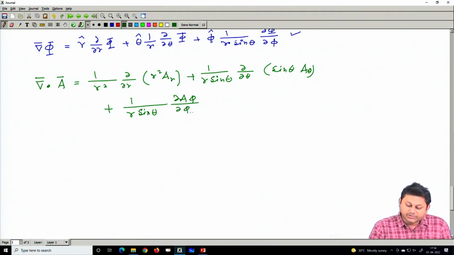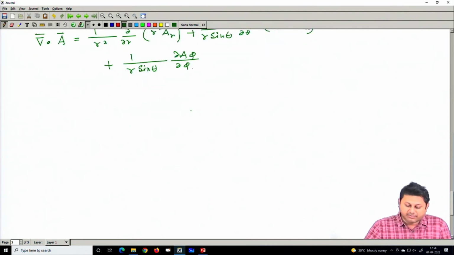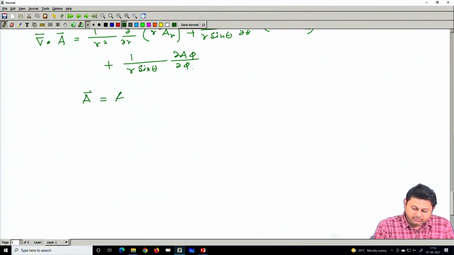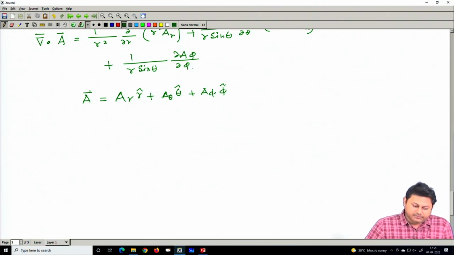I also request you to please kindly check whatever I am writing, maybe there is some error, so please check it from a standard book. A is defined like A_r r unit vector, plus A_theta theta unit vector, plus A_phi phi unit vector. Okay.